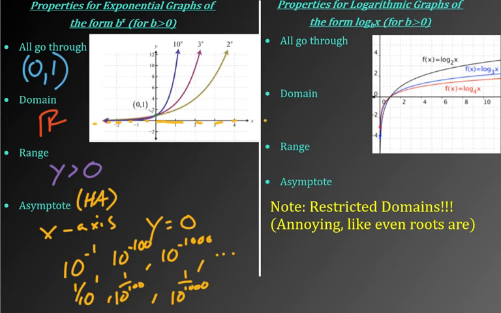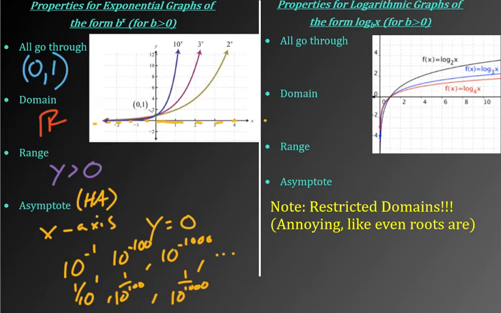So honestly, if you understand all those, then these should make sense based on inverse functions. So, every logarithm has a corresponding inverse exponential. So log base 2 of x is inverse to 2 to the x right here, okay? Log base 3 of x is inverse to 3 to the x.